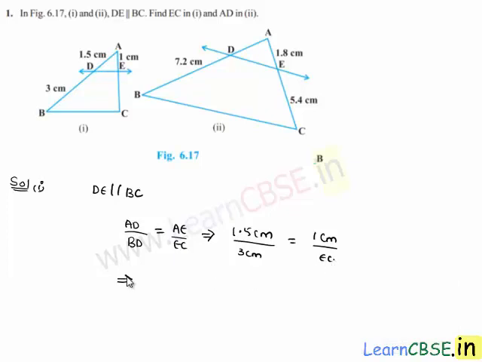As centimeter is common in the numerator and denominator, it gets cancelled. Now transposing EC to the left hand side, we get EC is equal to 3 times 1 centimeter divided by 1.5, and 1.5 goes in 3 two times, so we finally got EC as 2 centimeters. Therefore EC is equal to 2 centimeters in the first question.